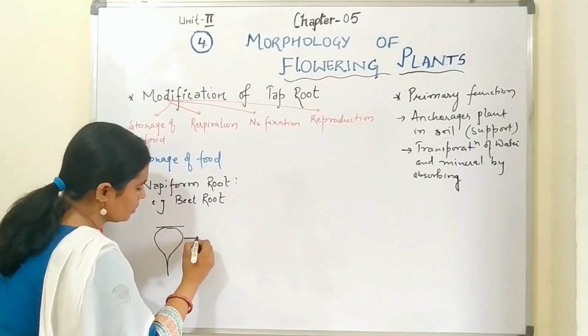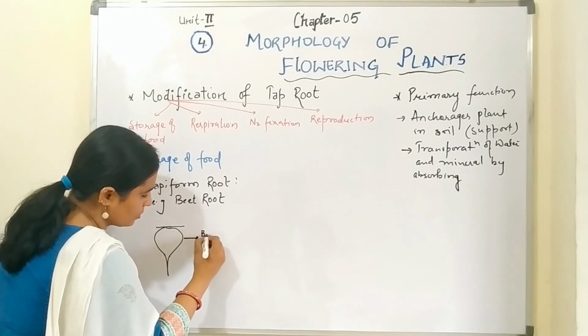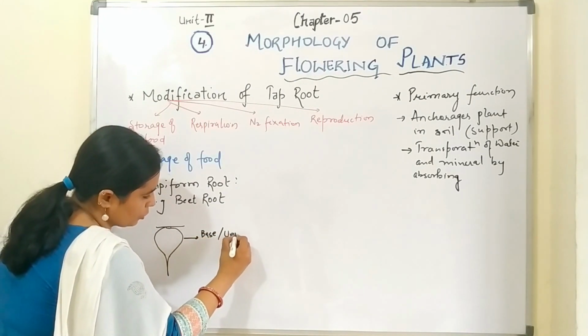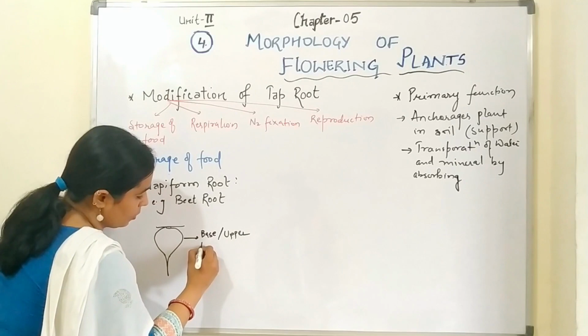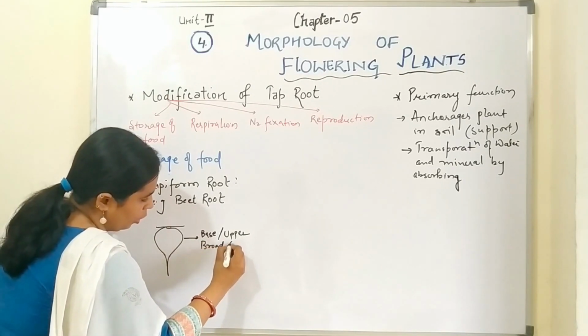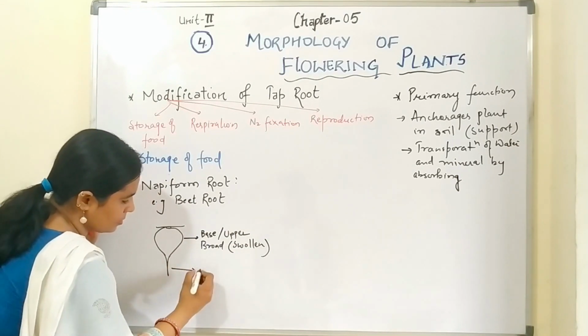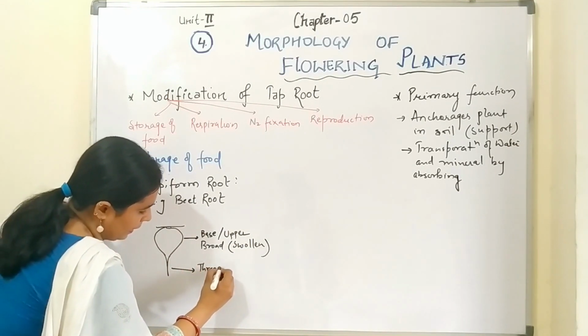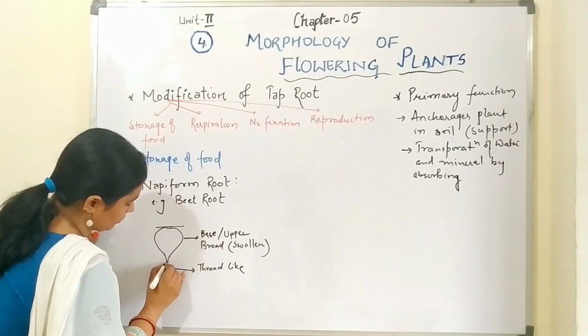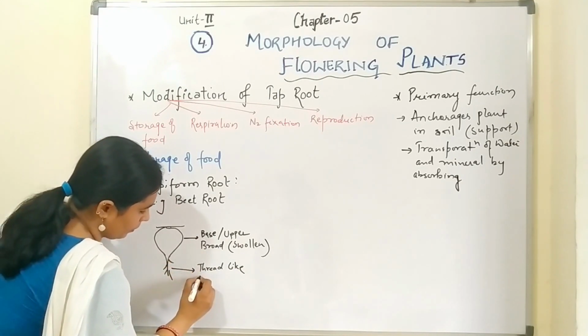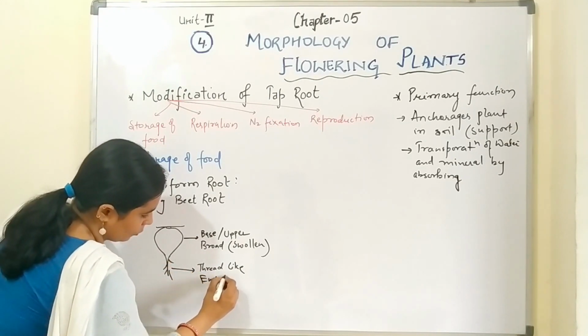Fine. So this is the base or upper portion which is broad, or you can say swollen, and this is the thread-like end or lower part.